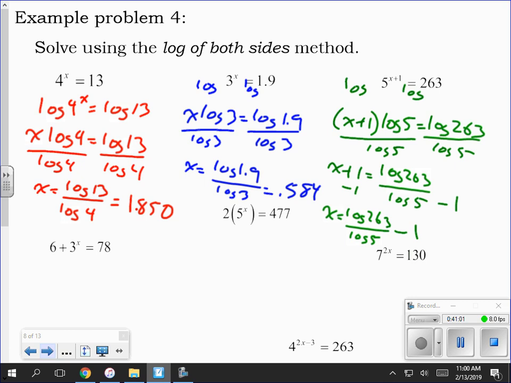So you have to do the division of the logs first, then subtract 1 from that number. I get 2.462.